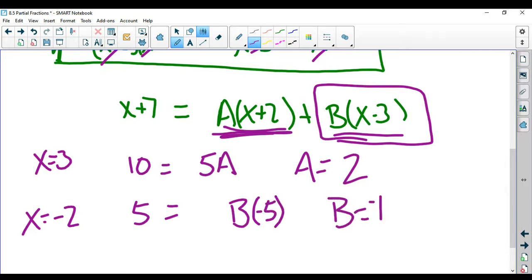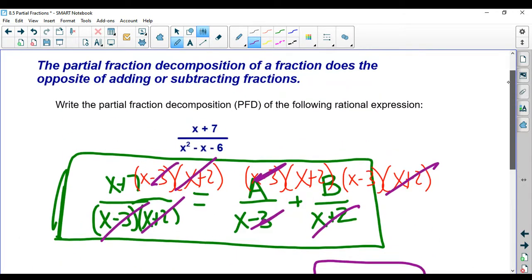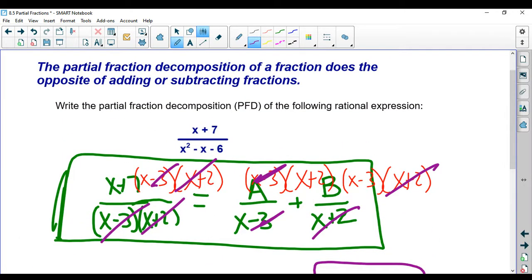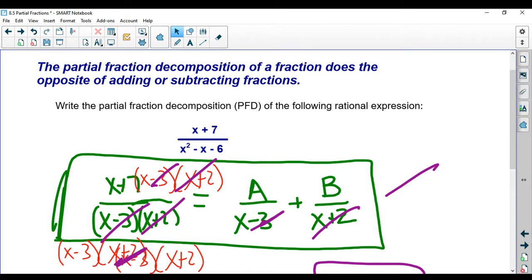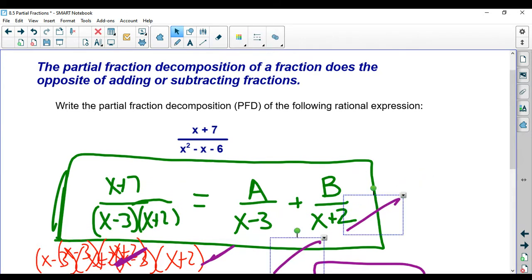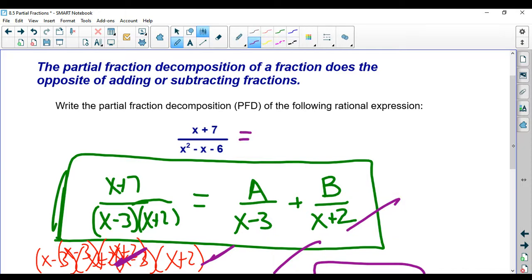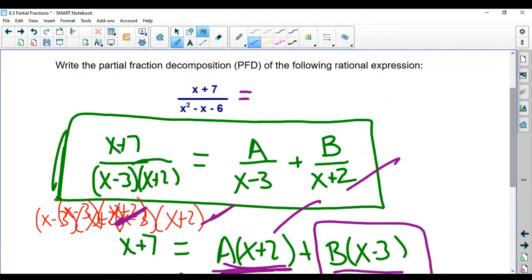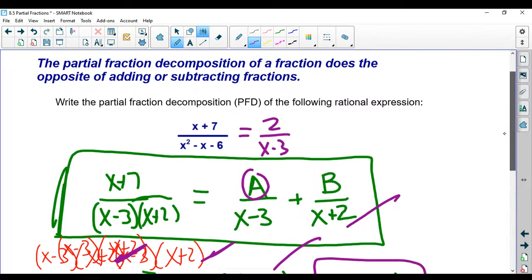So we found A and B, which means, let's go back up to the top. Our partial fraction decomposition is, clean this up a bit. We said A was equal to 2 and B was equal to negative 1.